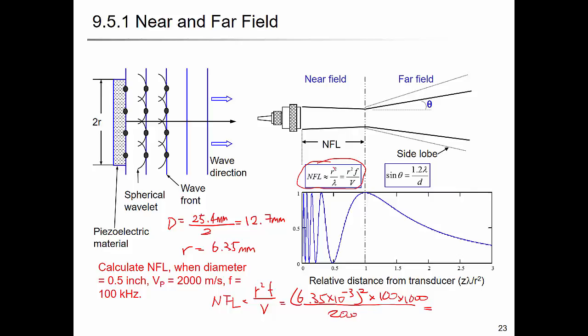How much is it? You can cancel 1,000 and 1,000, and 50. Then 6 squared times 10 to the negative 6, times 50.